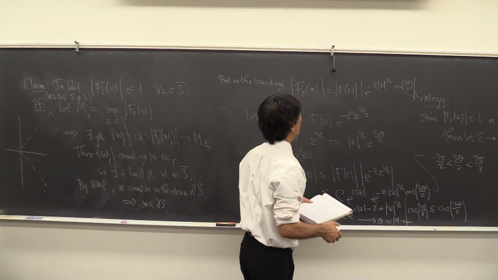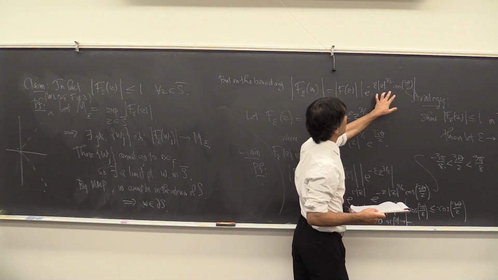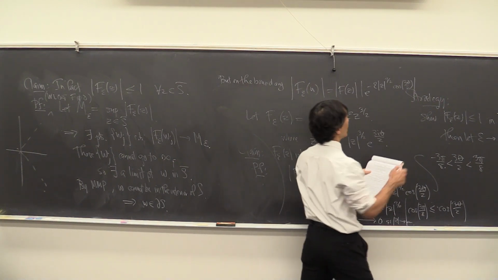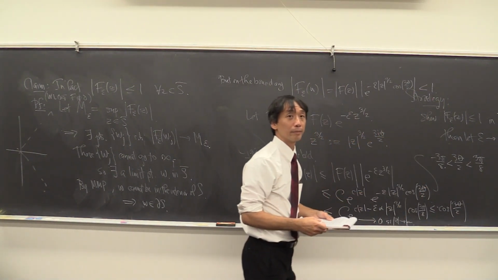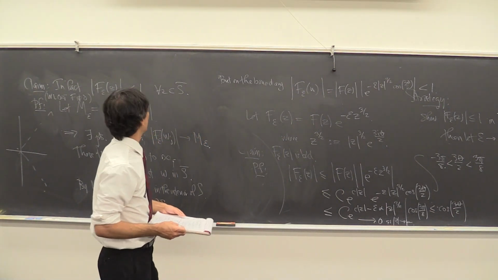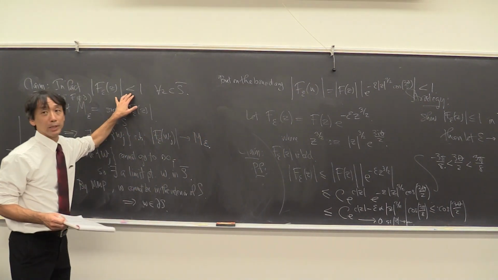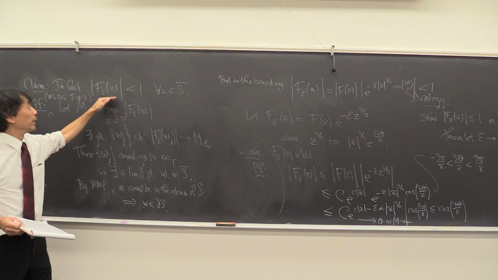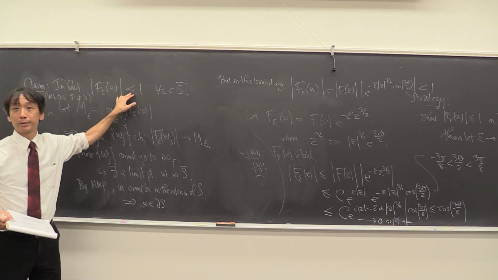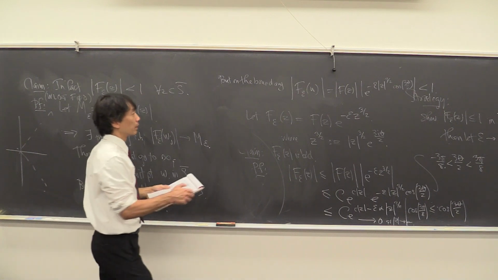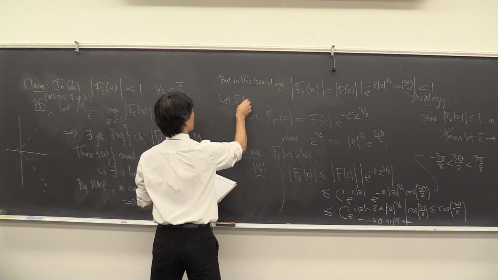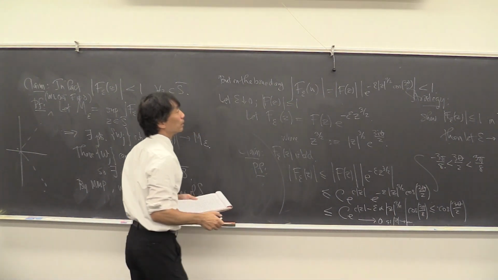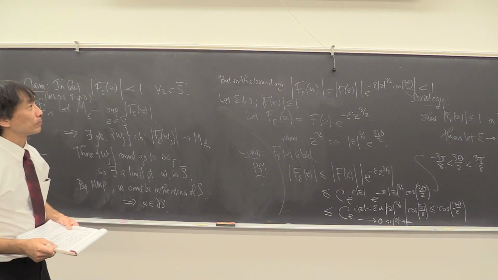Right, but this thing is smaller than 1, right? And this thing is also less than or equal to 1. Right? So in fact, it's strictly less than 1. And then as epsilon goes to 0, that gives us the bound that f must be less than or equal to 1. Now let epsilon go down to 0. f must be less than or equal to 1. Right?